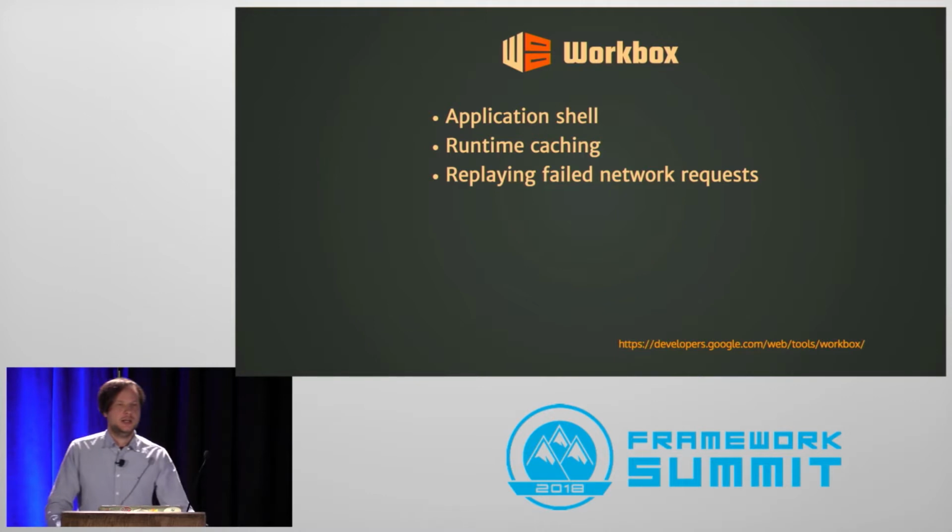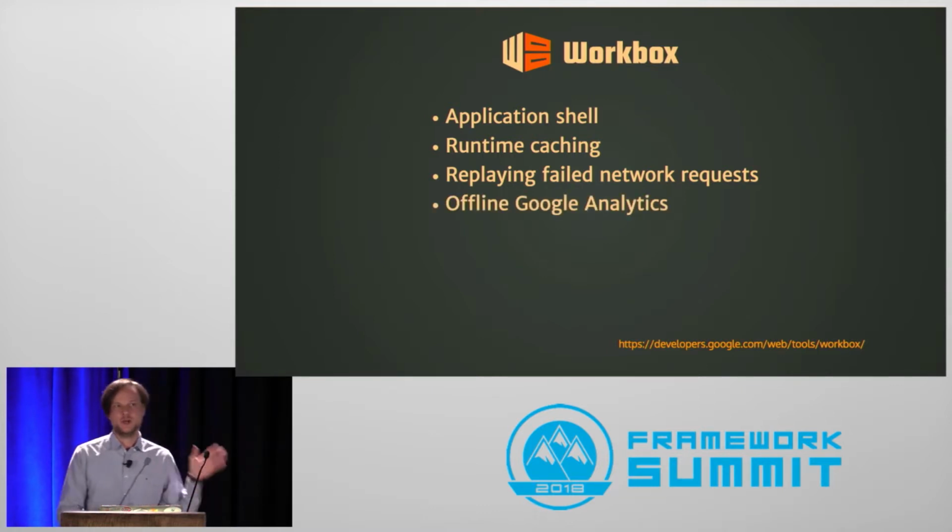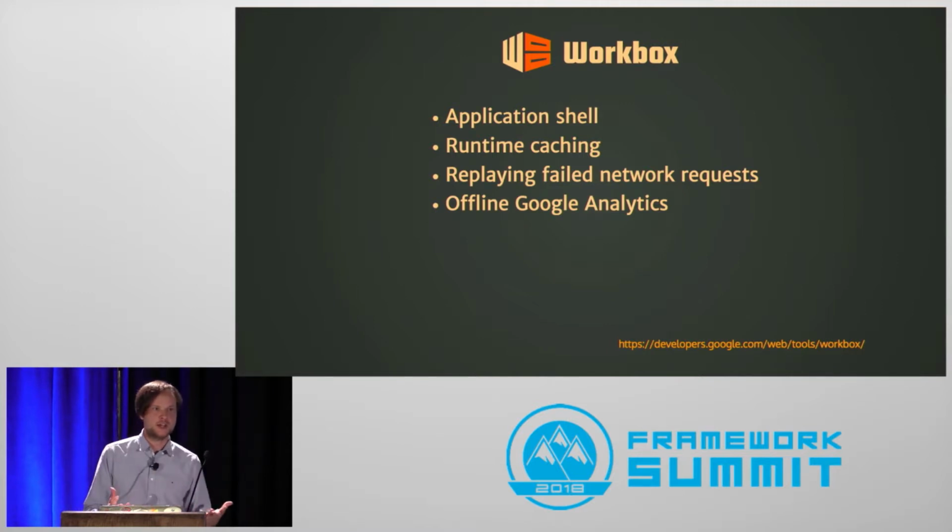Really magical feature to replay requests which were made during offline. And based on that, just one liner to introduce and have offline Google Analytics. So we can get all the information about user actions while they were offline.